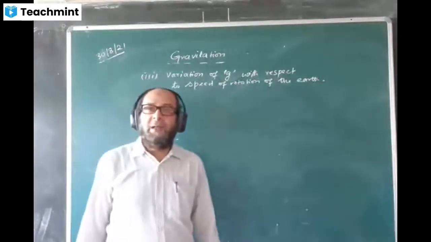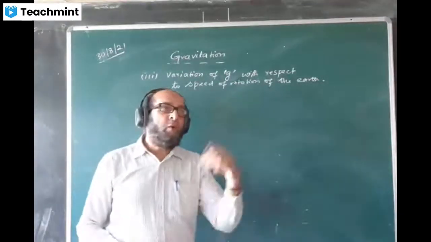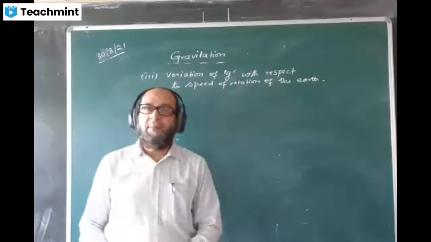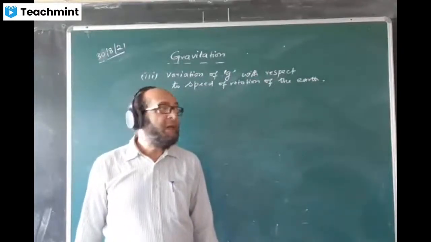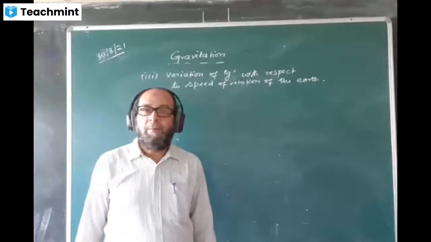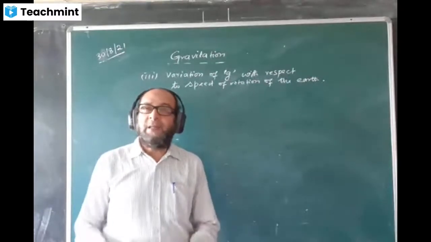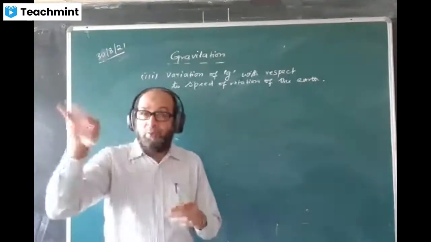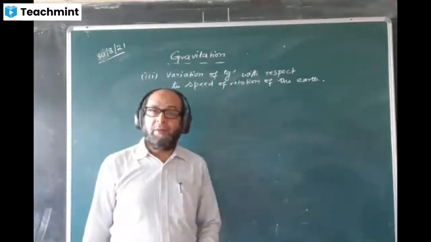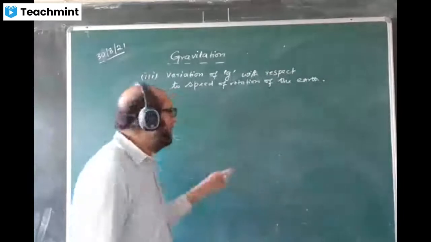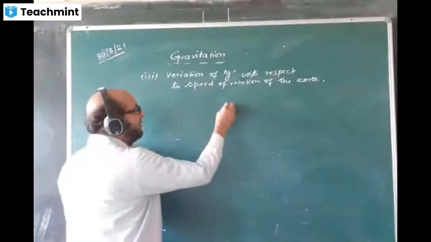There also the value of g differs. The value of g in Kolkata will be different and in Siliguri will be different. We'll check why, what can be the reason behind. That means the value of g depends even on the value of latitude. Latitude is the angle made with the equatorial line or equator. So I'll draw a diagram for it.